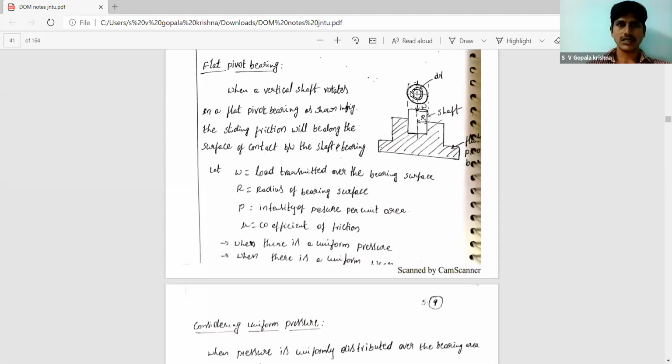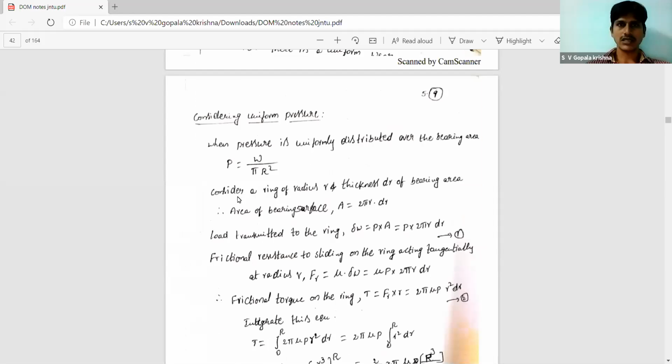Now we find the area of that strip. How do we calculate the strip area? Consider a ring of radius small r and thickness dr of the bearing area.